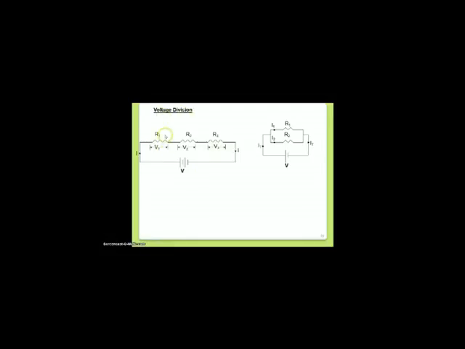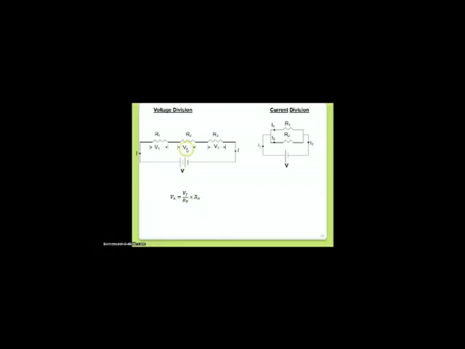How do you calculate this voltage divided? By a voltage division rule, which is represented by the equation Vn is equal to V total over R total multiplied with Rn. For example, if you want to calculate V1, then the equation will be V1 is equal to Vt over Rt multiplied with R1.